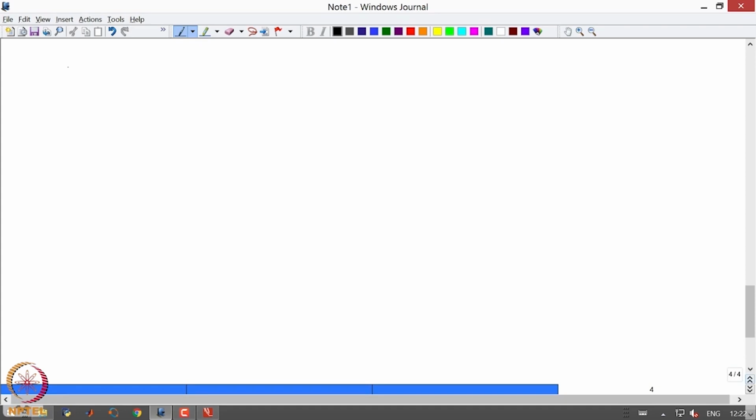Okay. So, the idea is that I should show that if this is less than 0, then the system is exponentially stable, or the solution x of t converges exponentially fast. Okay.